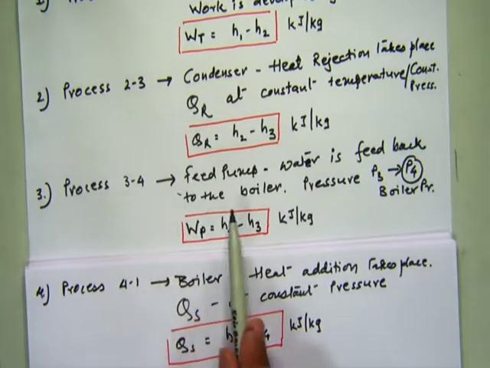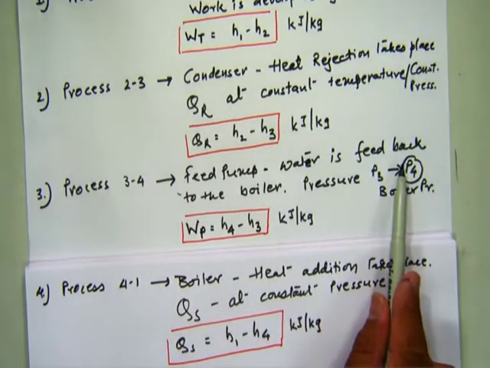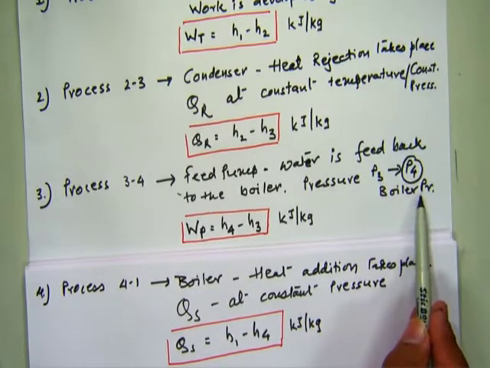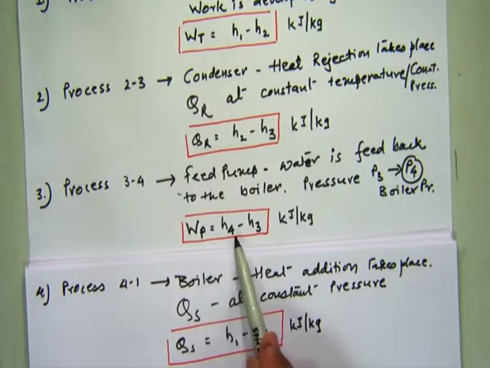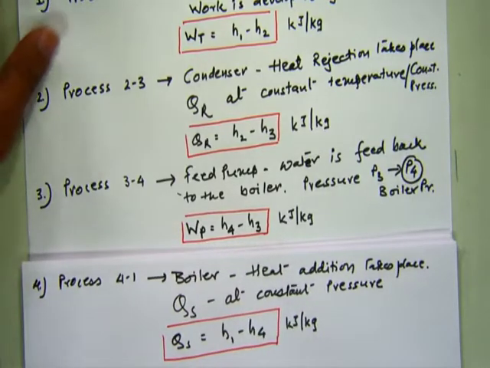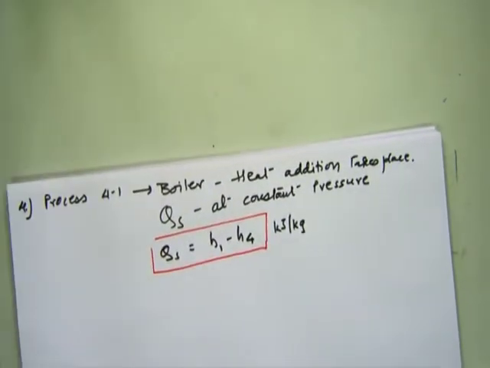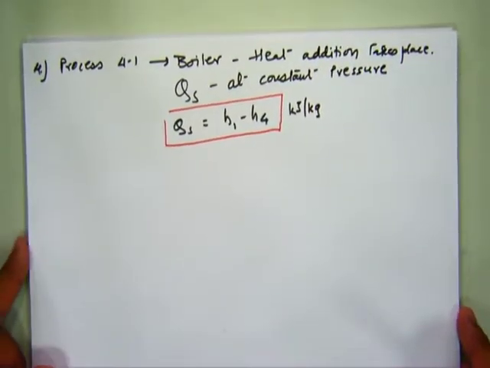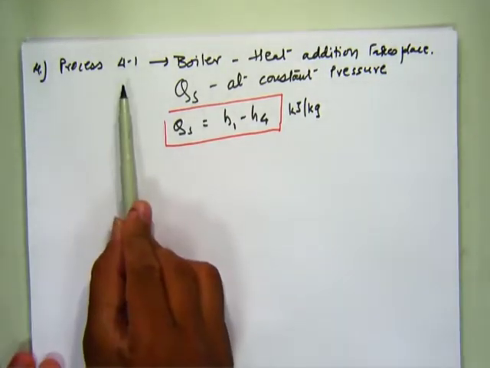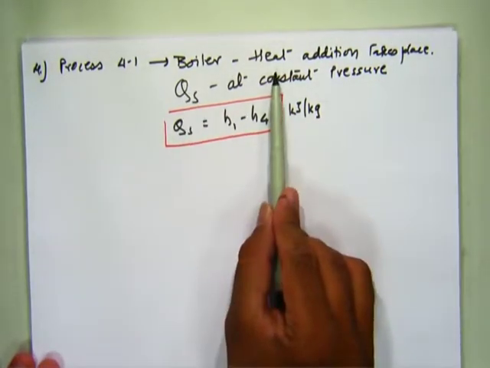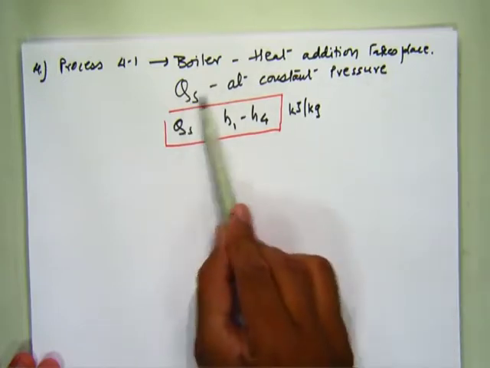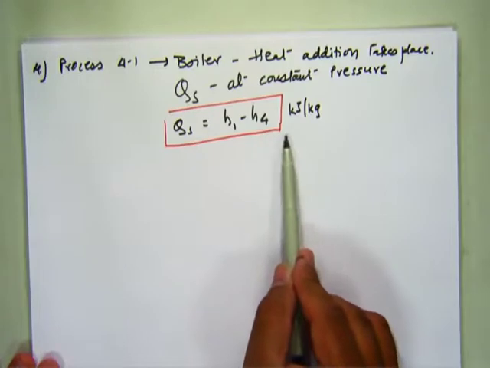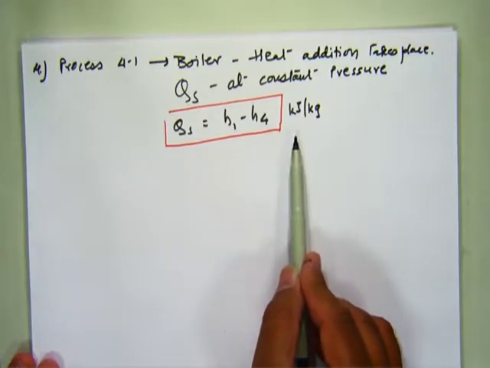Process 3-4 in feed pump, water is fed back to the boiler, pressure increases from P3 to the boiler pressure P4, work of pump H4 minus H3, and process 4-1 in the boiler, heat addition takes place. Qs at a constant pressure. Qs is equal to H1 minus H4 kilojoule per kg.